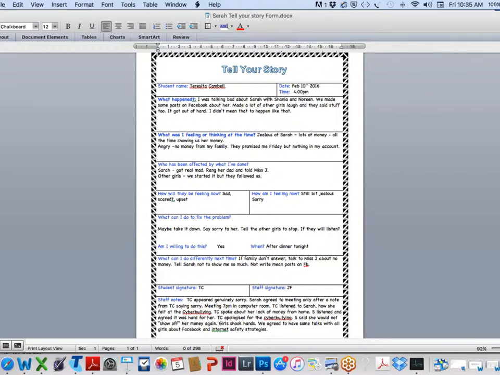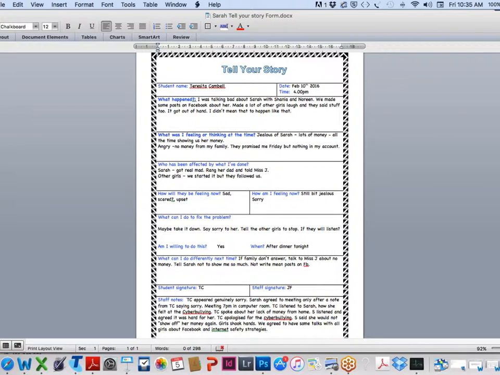Now this one here is the Tell Your Story form that we use when we do our restorative meeting between the girls who were cyberbullying her and Sarah. Each of the girls in the cyberbullying group would do one of these Tell Your Story forms. Teresita was the ringleader, so I've done it with her first.